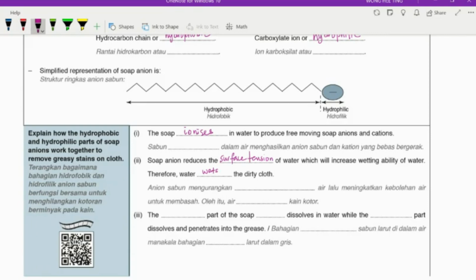Next, what happens? The hydrophilic part of the salt anion dissolves in water, while the hydrophobic part dissolves and penetrates into the grease. So they have two parts here, hydrophilic and hydrophobic.